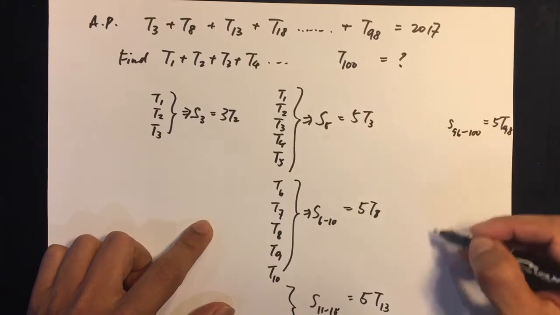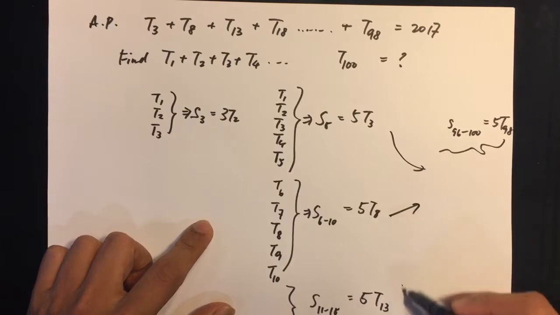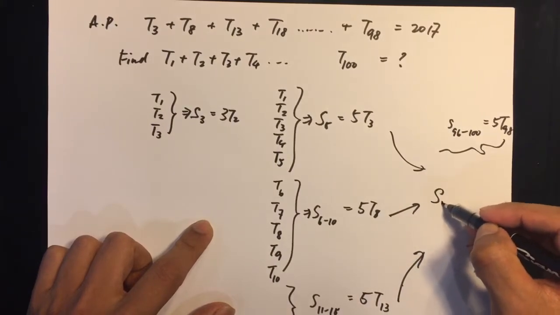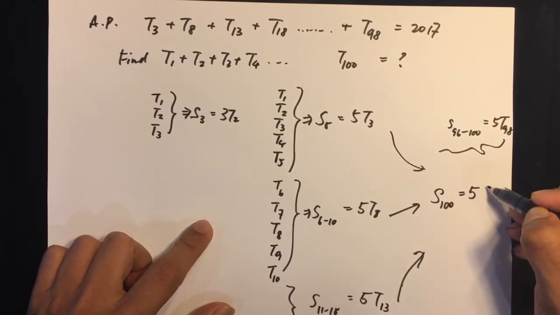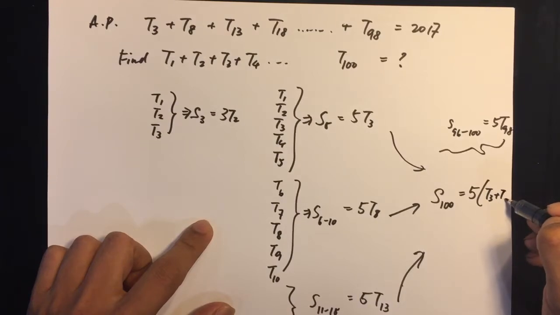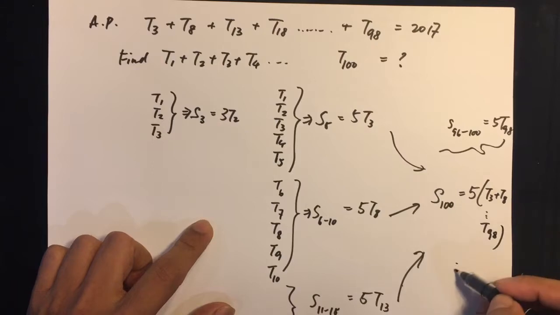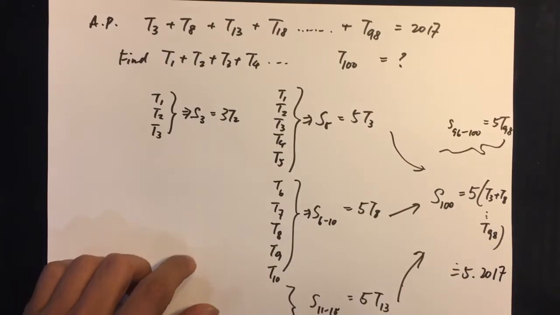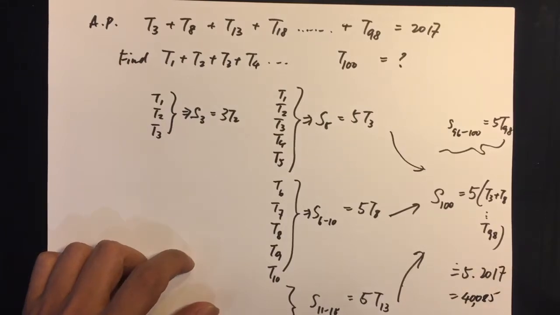So if you take all these results, that gives you the sum from 1 to 100, which is simply S100, equal to 5 times that previous sum, T3 and T8 and so on to T98, which is equal to 5 times 2017. How convenient, right? Well, if you want to work that out, that's going to be 10,085, but it doesn't matter.